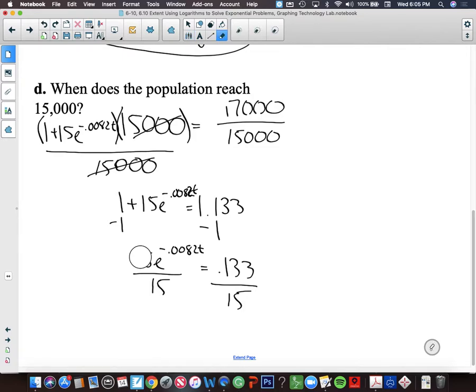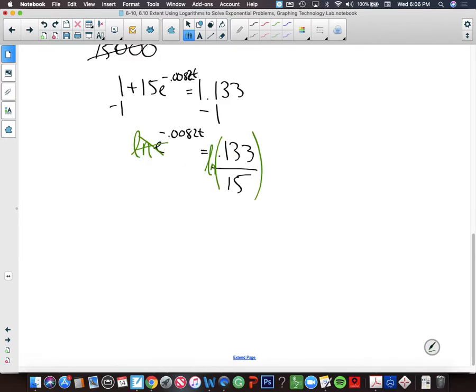So we divide by that 15. I'm going to get rid of this stuff here because I divided it out. I want to natural log both sides. I need to natural log all of that. That'll cancel here. And then you're going to have to divide by that negative 0.0082. So this will be negative 0.0082t equals natural log of 0.133 over 15.